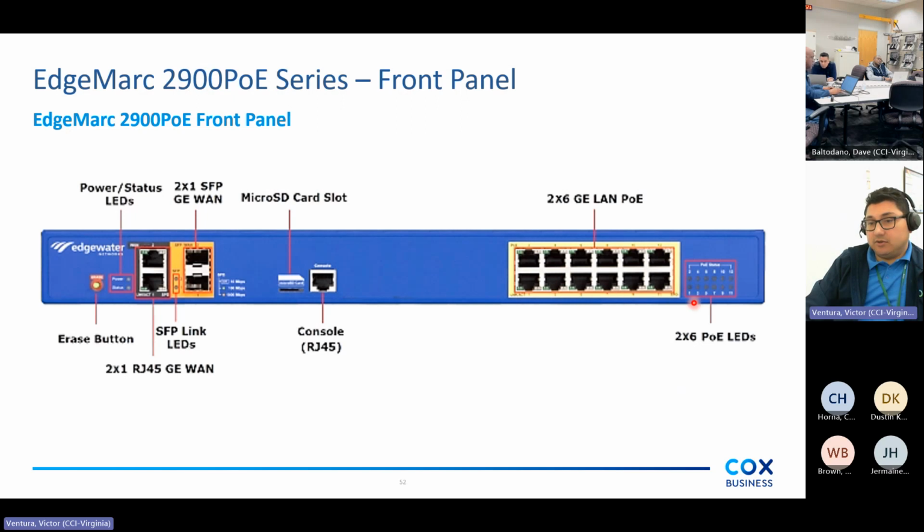Now the LEDs on the right indicate if a port that is being used has a device that is requesting power, such as a phone. So the LED will be lit if you connect the phone to it. You have 12 ports that can be used for phones.